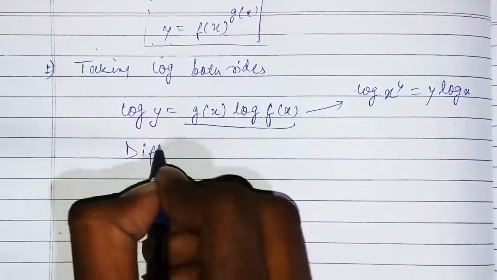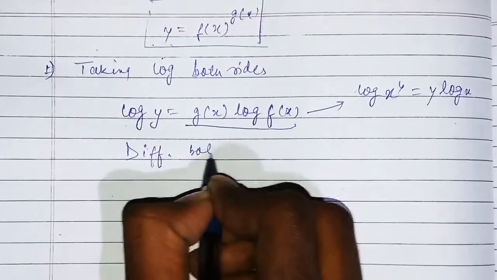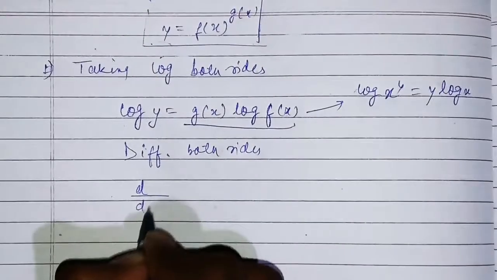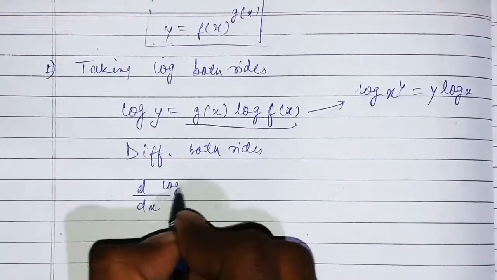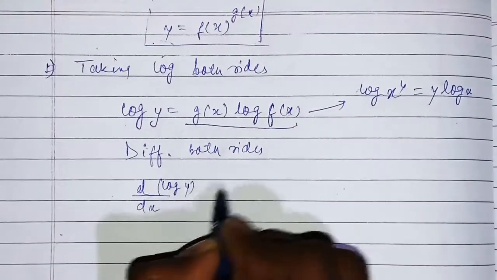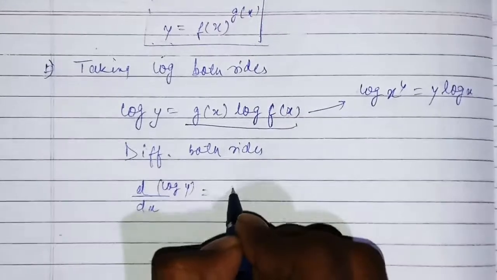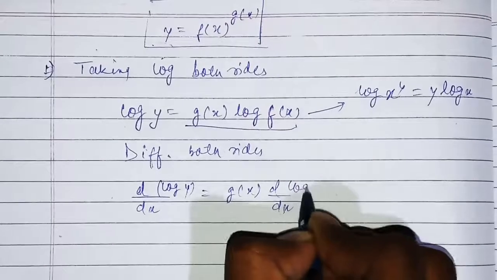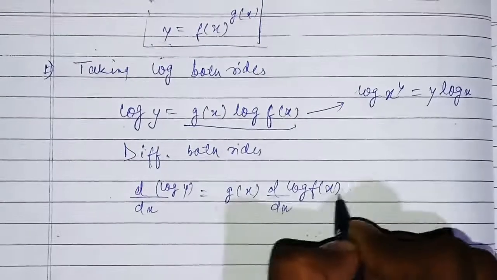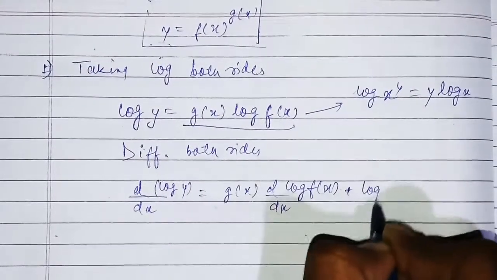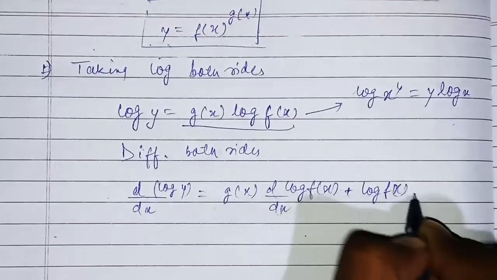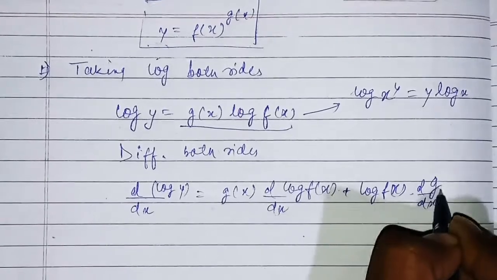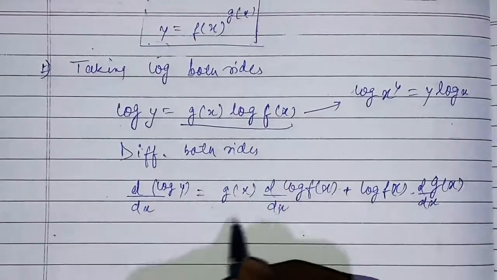Now we will differentiate it both sides. It should be like d by dx of log y is equal to g of x d by dx of log f of x plus log f of x d by dx of g of x.